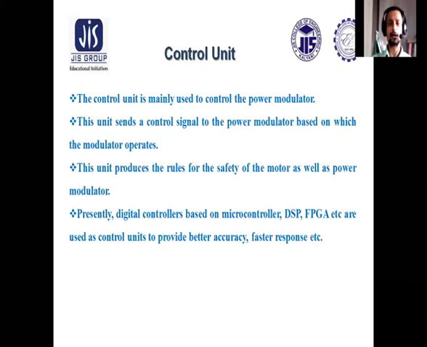For a digital controller, lots of programming code is given, which provides instructions given by the user. The user studies the motor and power modulator initially, and based on that, knows what precautions are to be taken for the safety of the power modulator and the motor, and the instructions are given to the controller. So the control unit works based on those instructions.